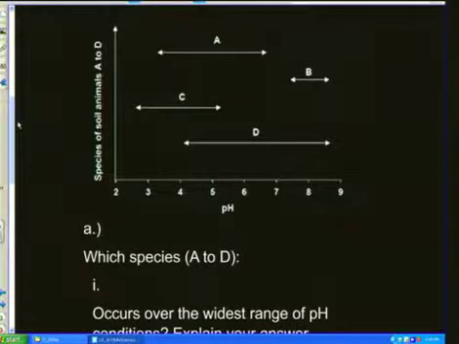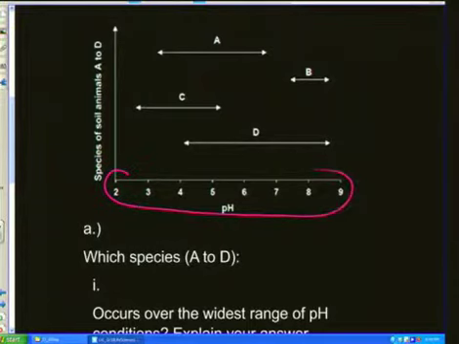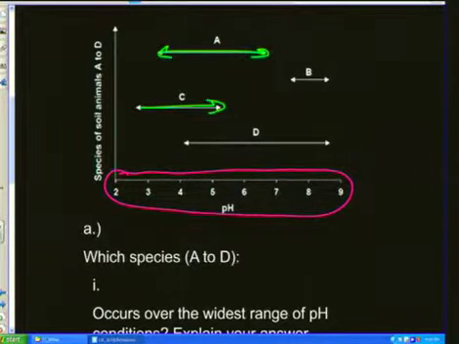Okay, so remember, at the bottom here is our pH range, and then our individual arrows over here, those are our animals. So, which one, A, B, C, or D, occurs over the widest range? Simple, look for the longest one.